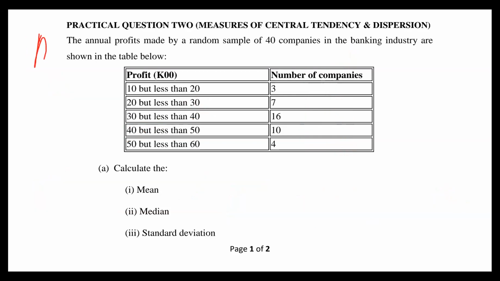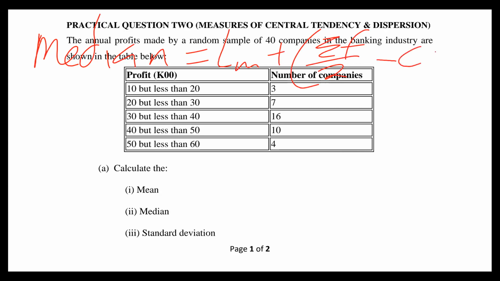Your formula for the median of the grouped data is LM plus the summation of the frequency divided by 2, minus the cumulative frequency of the class just before the median class, divided by the frequency of the median class, times the C.